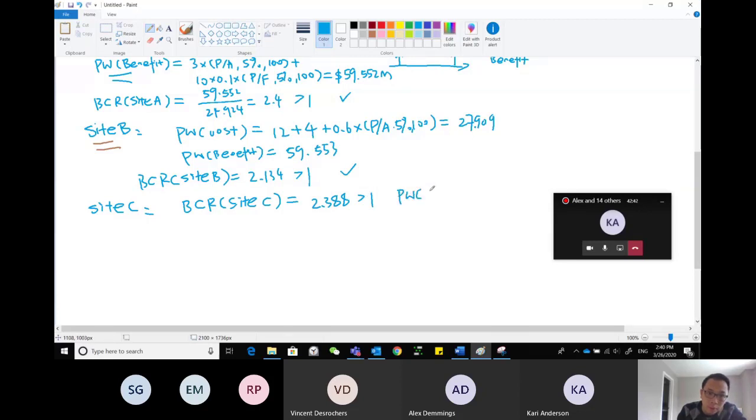The present worth for cost is 24.939, and the present worth for the benefits is 59.555. Okay, so now we have completed the calculation for step 1, which is the BCR for each individual project.